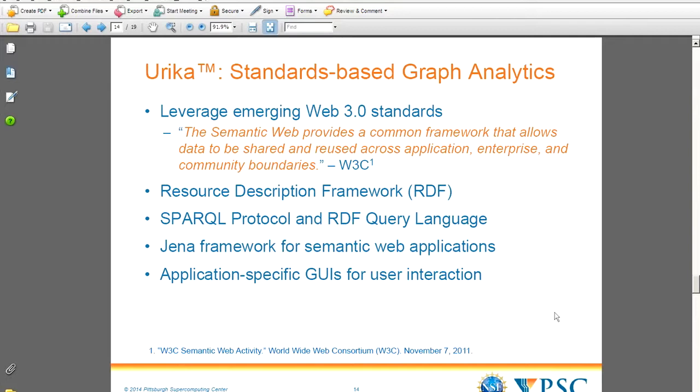On top of that is SPARQL. SPARQL is essentially SQL for graphs. And then there are other parts of the Apache software stack, like Jena, Fuseki, and others, that YarcData has taken and optimized for the Cray hardware that underlies Urika. There are also web-based facilities for user interaction.